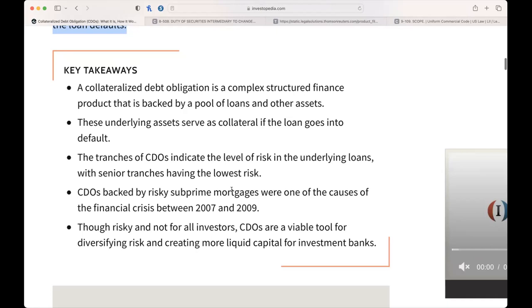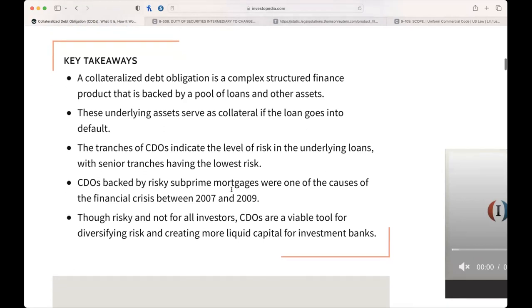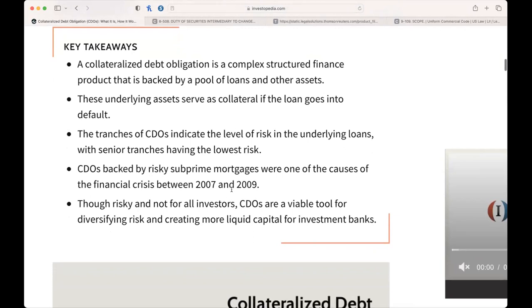CDOs backed by risky subprime mortgages were one of the causes of the financial crisis between 2007 and 2009. Though risky and not for all investors, CDOs are a viable tool for diversifying risk and creating more liquid capital for investment banks.